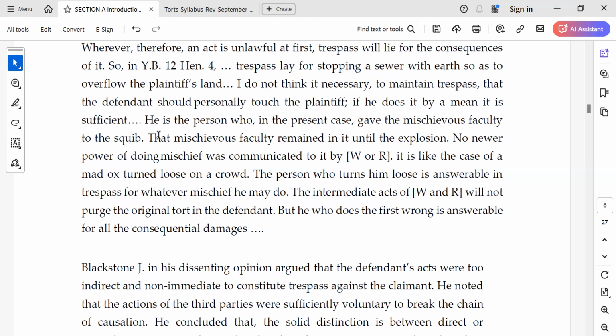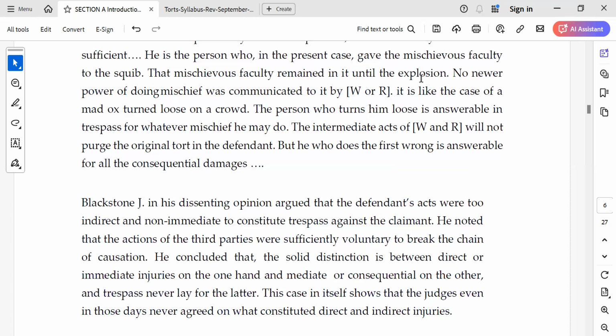Like here, what happened? The defendant threw it, and then it went to W and W to R and whatever, R to this person, the plaintiff, right? So if he does it by any means, he put the motion in place. So that is sufficient. That mischievous faculty remained in it until the explosion. He did not stop it, like he didn't defuse it or something.